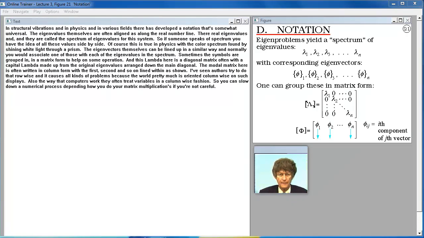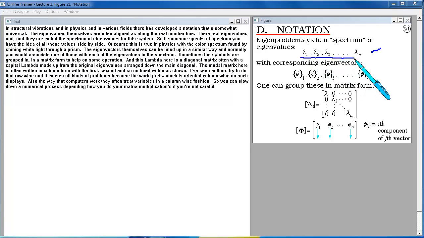In structural vibrations and in physics, in various fields, there has developed a notation that's somewhat universal. The eigenvalues themselves are often aligned along the real number line if they're real eigenvalues, and they are called the spectrum of eigenvalues for the system.